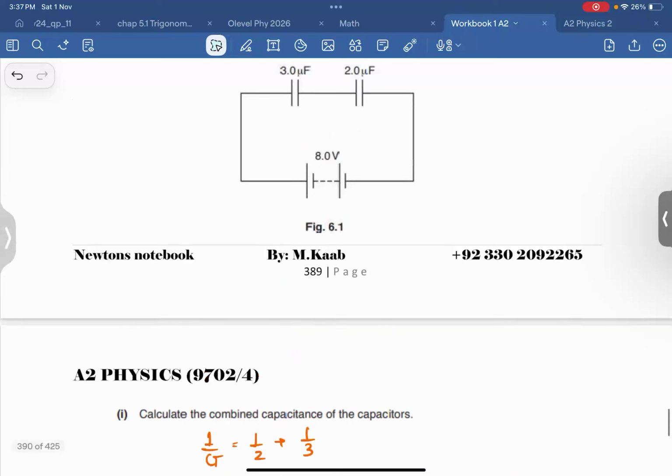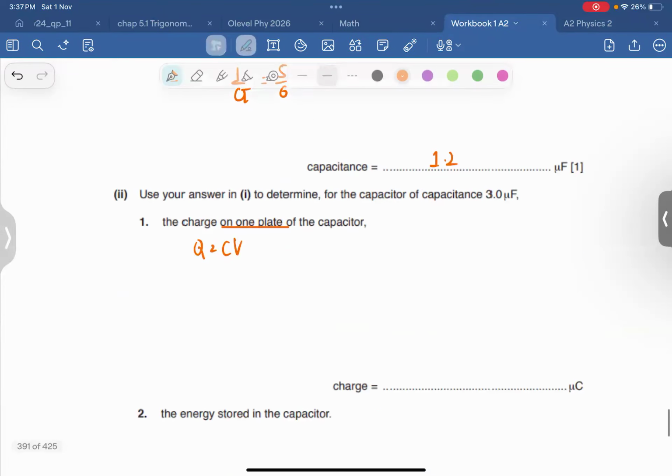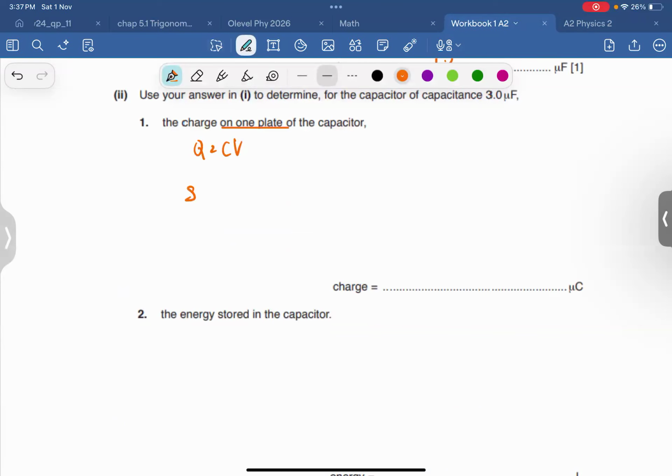We have the overall capacitance. The overall capacitance is 1.2 microfarad, and overall voltage is 8. So that gave me that.